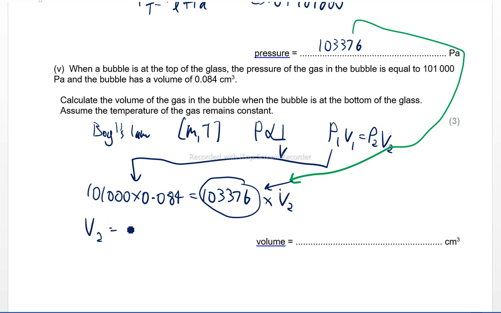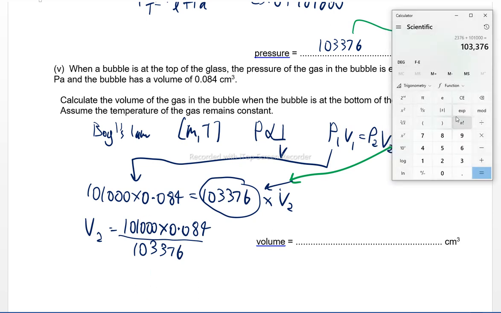So V2 is equal to, I take the 103376 to the other side of the equation, 101000 multiplied by 0.084 divided by 103376, isn't it? So simply we enter the sum on a calculator and we'll try to get the answer.